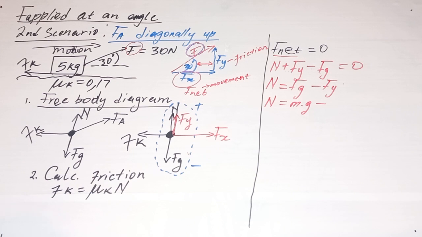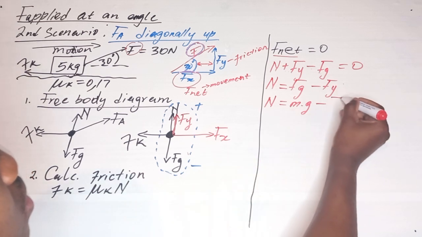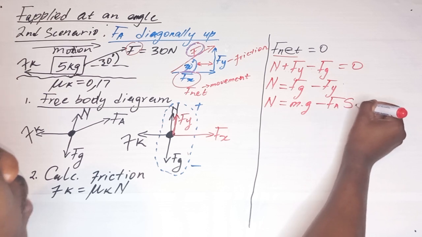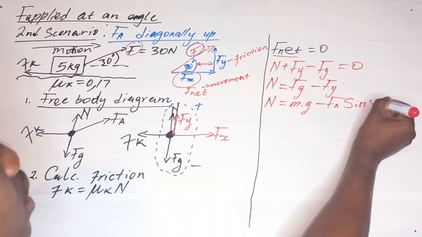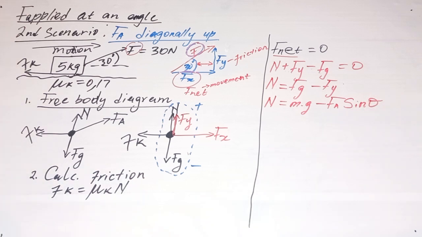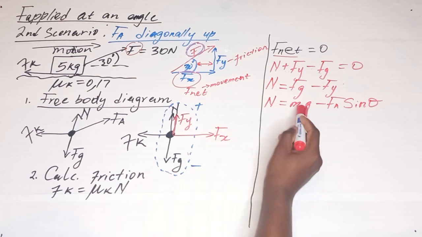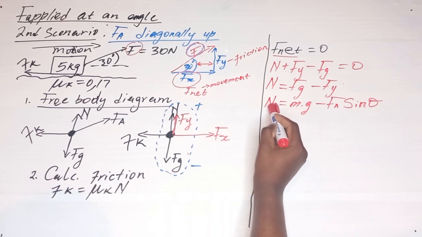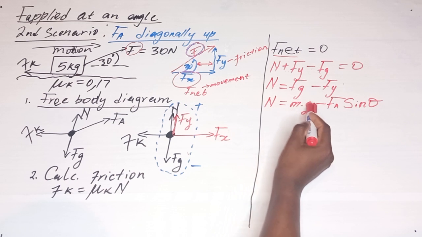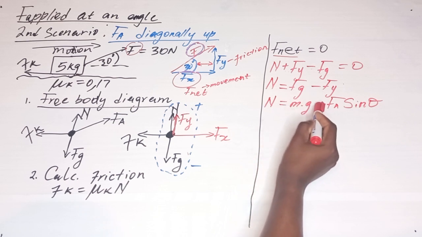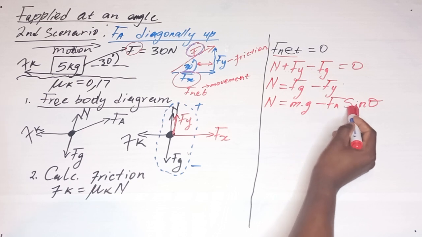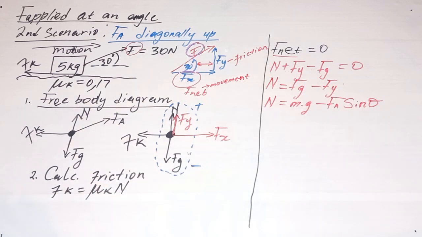The trig ratio using opposite over hypotenuse is the sine. So for Fy, we are going to have F applied multiplied by sine of theta. You can see now that this normal force is no longer just m times g, but m times g minus Fa sine theta, minus the y component.